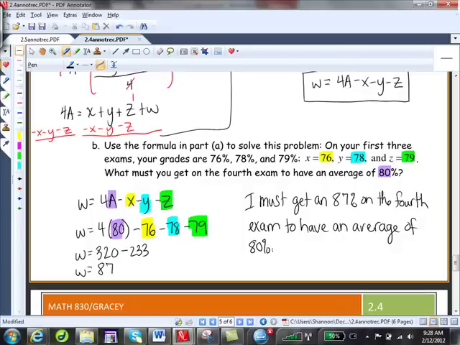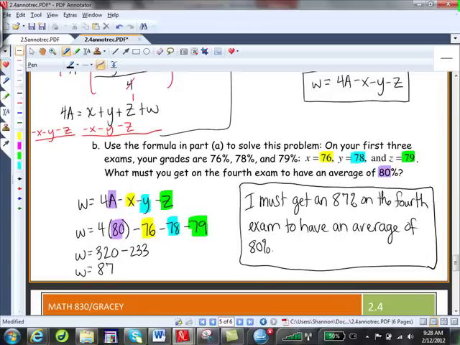I'm just answering the question they asked. That last line of the problem usually tells you how to put your answer in words.